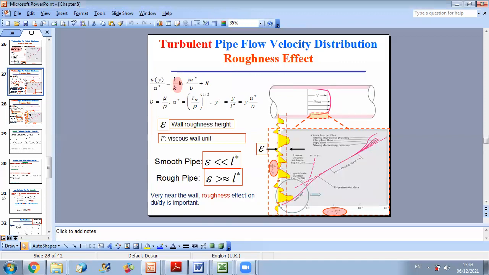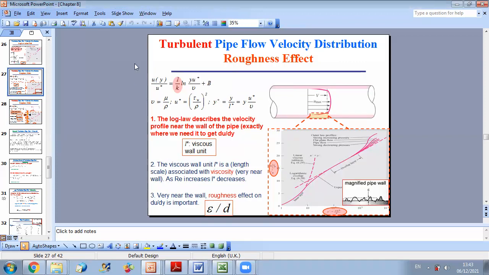A small remark: as you can see here, the viscous wall unit L star, which we defined, is a characteristic length. Y plus is y over L star, and L star is the kinematic viscosity over the friction velocity u star.